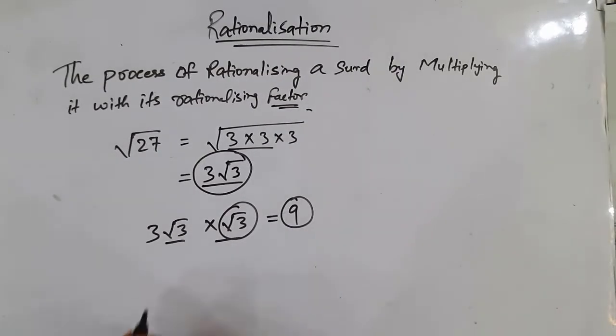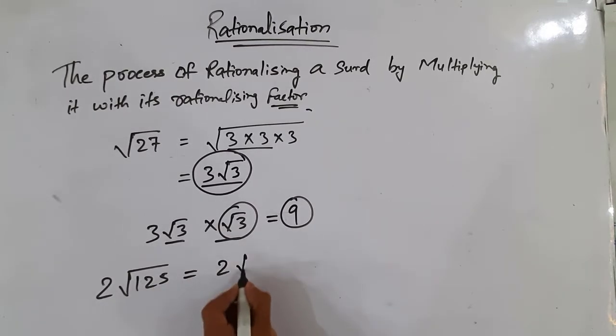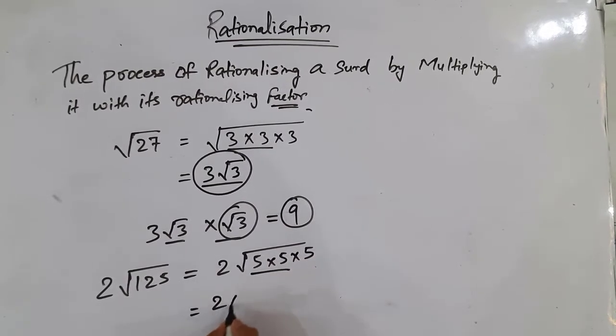Similarly, if we have to find the rationalizing factor of 2 root 125, it can be written as 2 under root 5 multiplied by 5 multiplied by 5. Again we can take one pair out, so we get 2 multiplied by 5 root 5, which is 10 root 5. Here again, if we multiply this expression with root 5, we get a rational number.